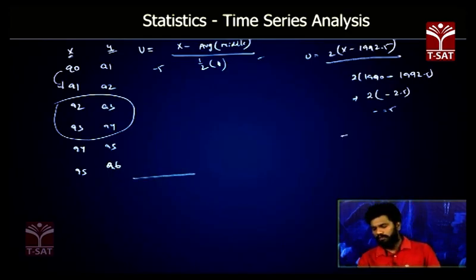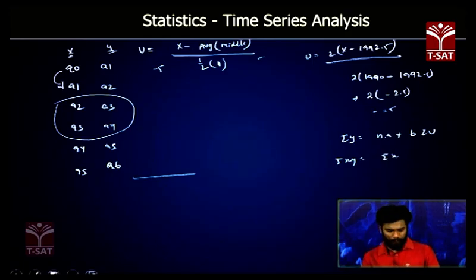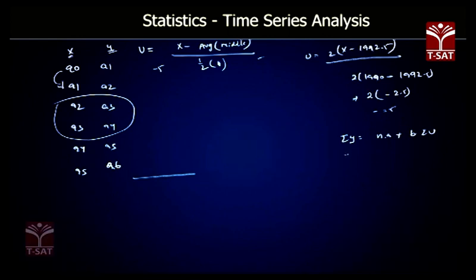The normal equations will be summation y is equal to n into a plus b into summation u, and summation uy is equal to a into summation u plus b into summation u square. So using these two, find a, b and substitute these values in our fitted equation y is equal to a plus bu.